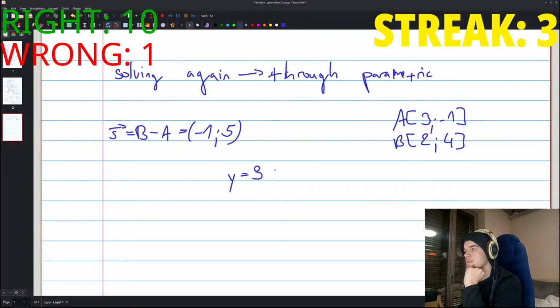So you put 3 minus t, and this is actually x. And this is minus 1 plus 5t.